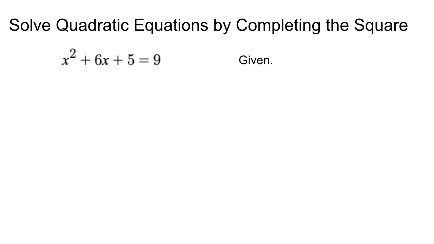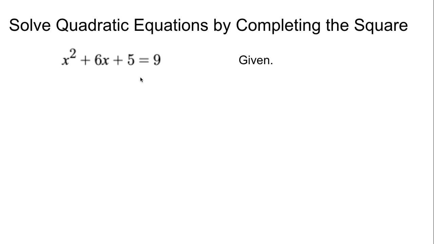So my strategy here is going to be to complete the square on the left-hand side, and I hope you're getting pretty good at this now. If you split the 6 into 3 and 3 x's, then you square that 3, you get 9. So if this is to be a perfect square, then this 5 has to be a 9.